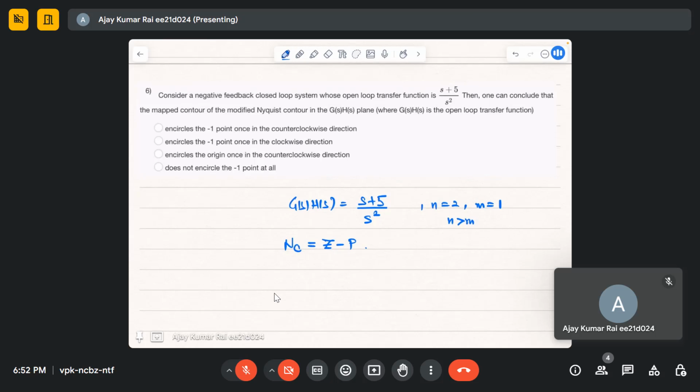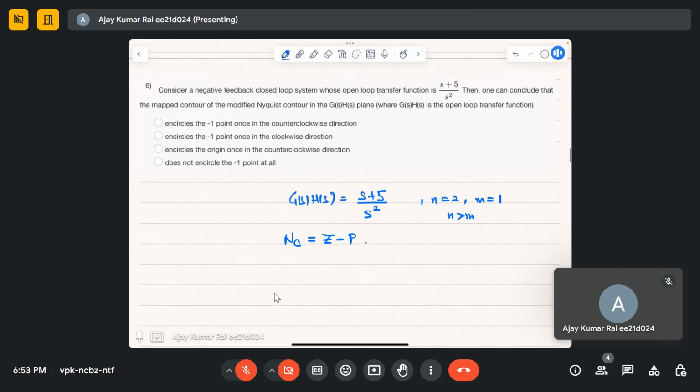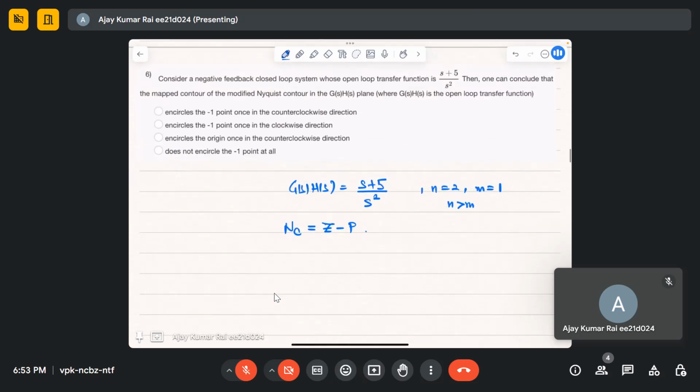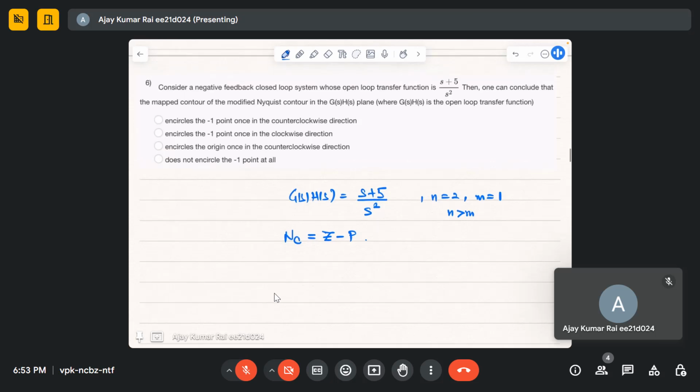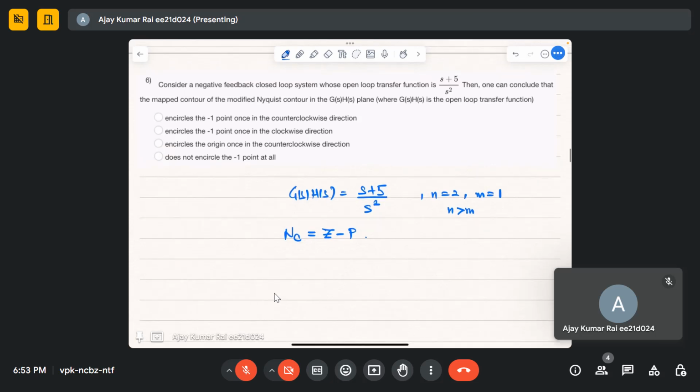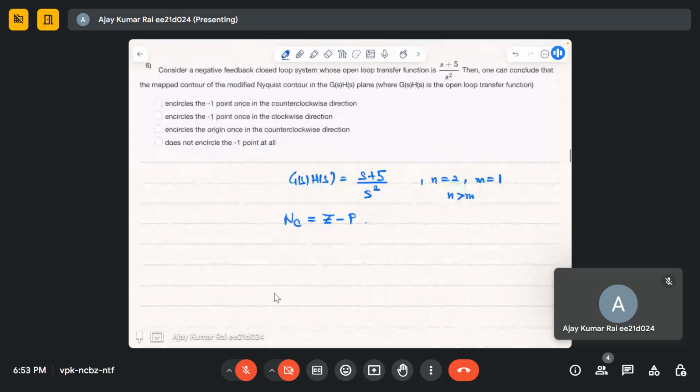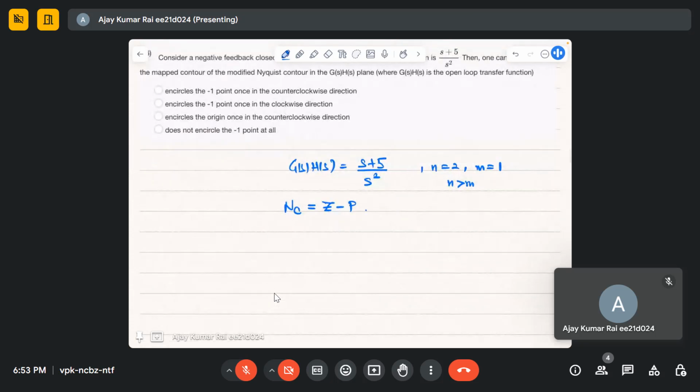Then one can conclude that the mapped contour of the modified Nyquist contour in the GSHS plane encircles the -1 point once in the clockwise direction. So you have to find out how many times it encircles the -1 point. How to find out? What can you say about the poles of the open loop transfer function that are lying in the right half plane?